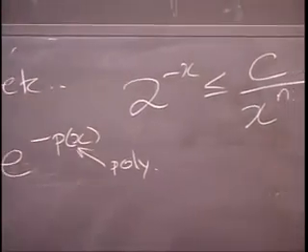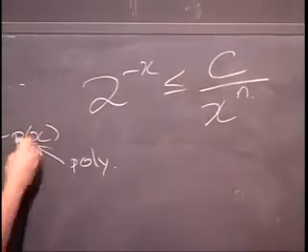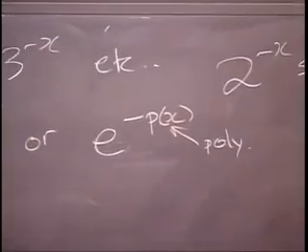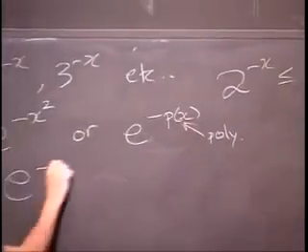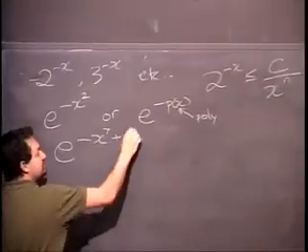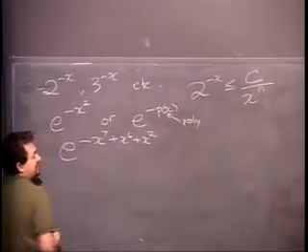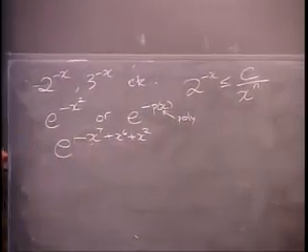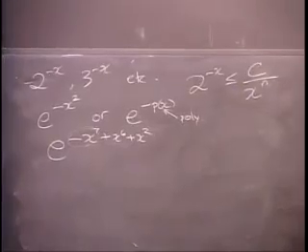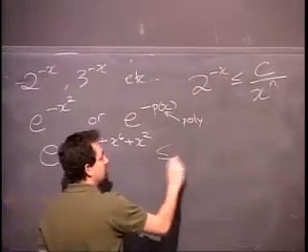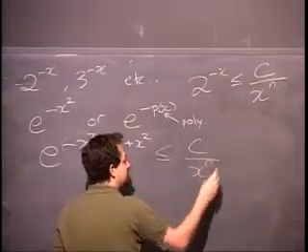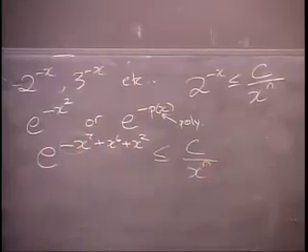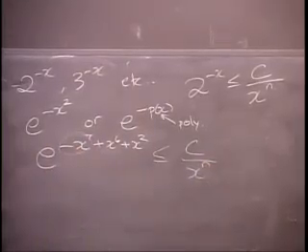So it could be even e to the minus (x to the 7 plus x to the 6 plus x squared). The point is that the leading coefficient is negative, so this is still less than or equal to c over x to the n. And there's a little bit of argument to say why that's true, but it's not so hard to see.